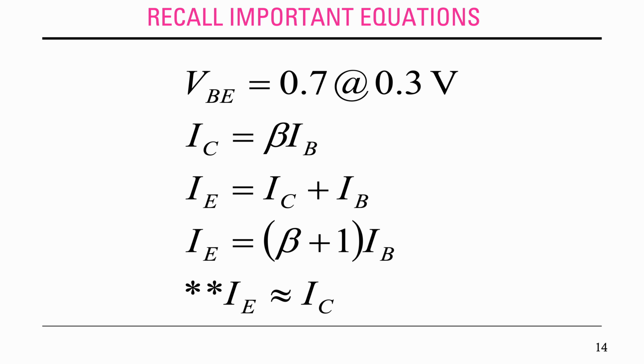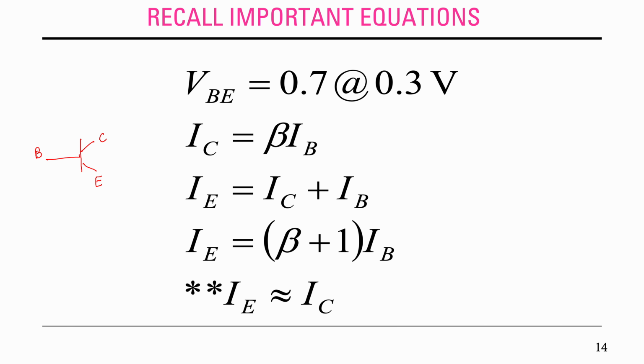Next, here are the important equations for the analysis. First, VBE, the voltage between base and emitter. Here is our BJT: here is your base, here is your emitter, and here is your collector.